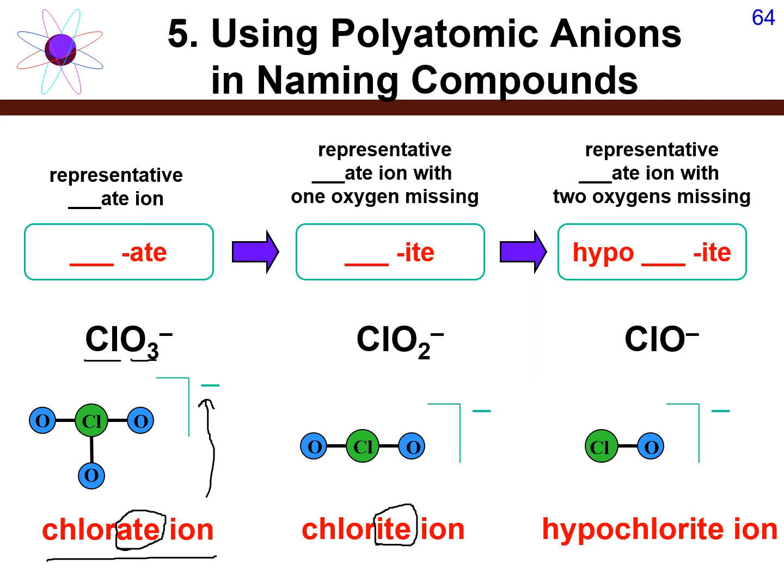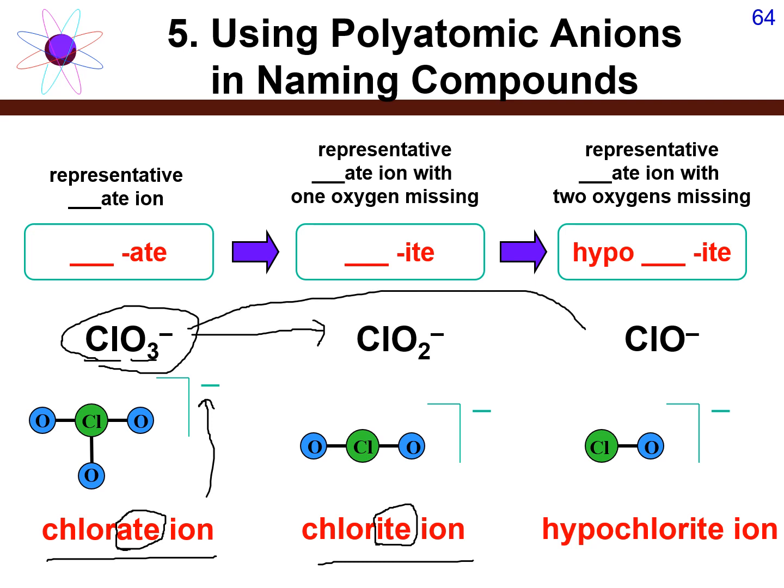So we have a representative chlorate, that's our most common form, but it can lose 1 oxygen. When it does, it's no longer chlorate, it's chlorite. Or it can lose 2 oxygens, and we call that hypochlorite ion.